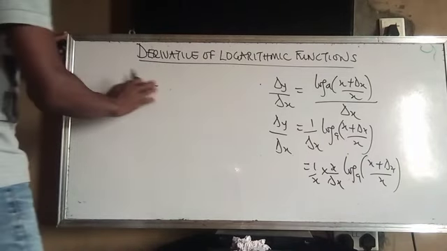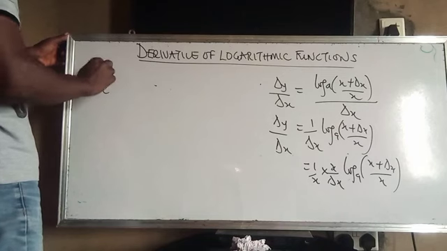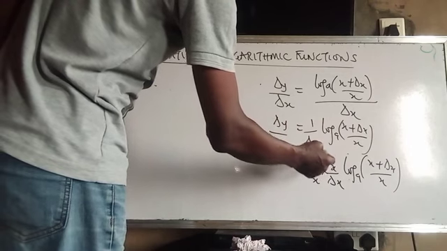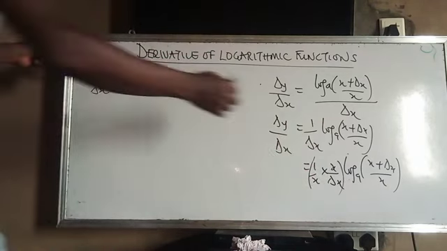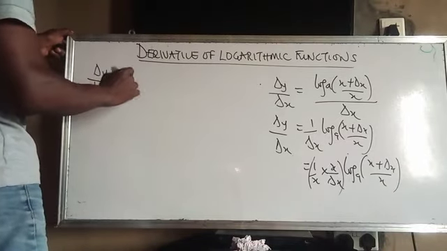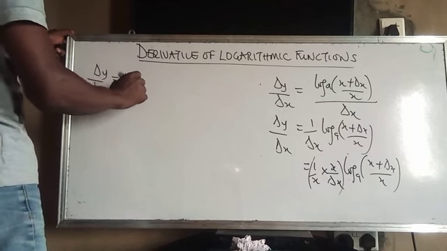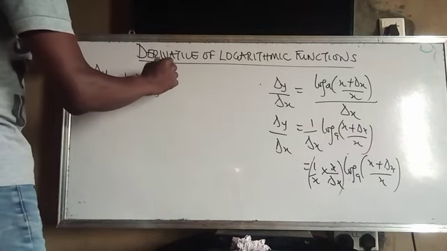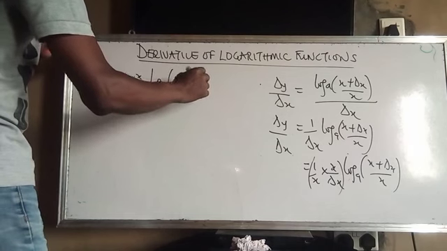So change in y all over change in x is now equal to, we have rewritten this, 1 over change in x is the same thing as this if you look at it. So we can also have this as 1 over x times x over change in x, times log base a of 1 plus change in x over x.